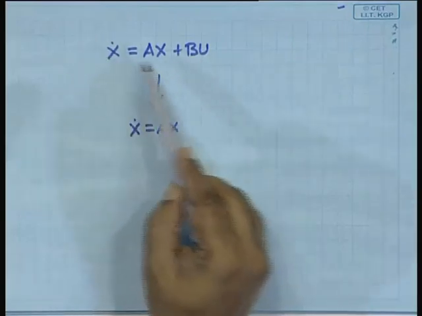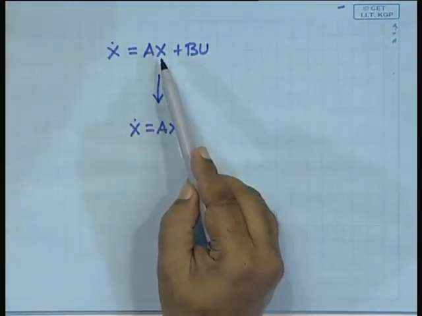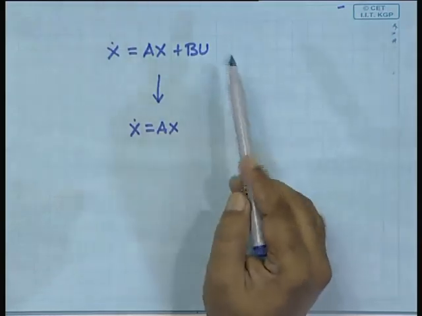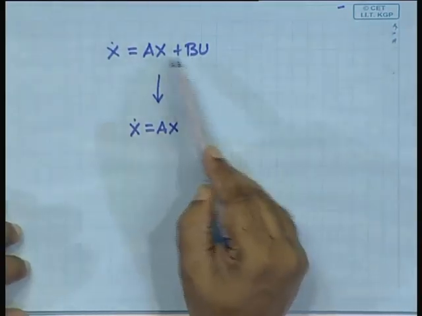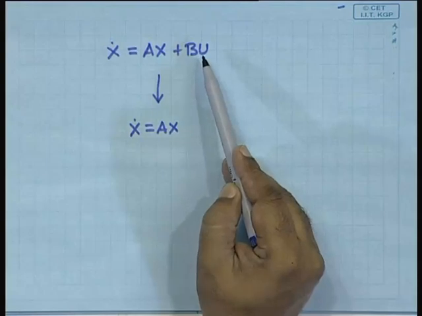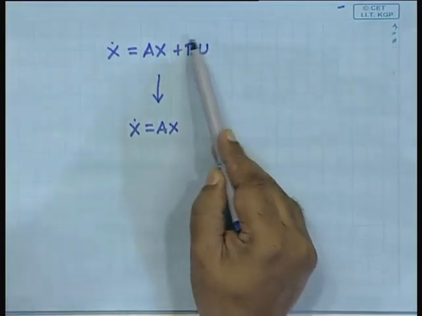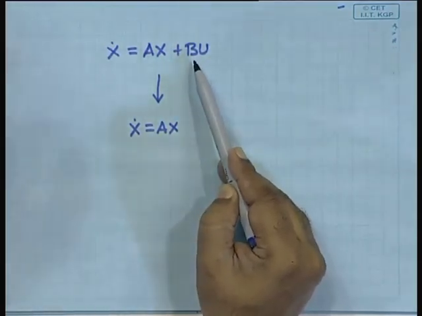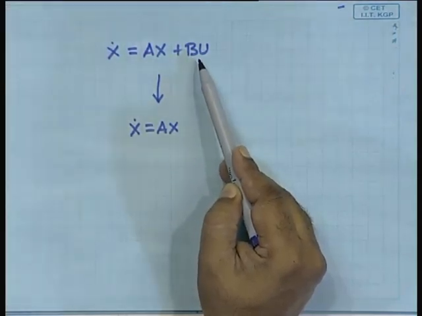If this is 0, the solution would depend on the B u vector. If this is not there, it is the origin. If it is there, then it will be something other than the origin. So the effect of the external forcing, the external term, would essentially be to decide the location of the equilibrium point, and then we said that okay, let us first put that out of our consideration.